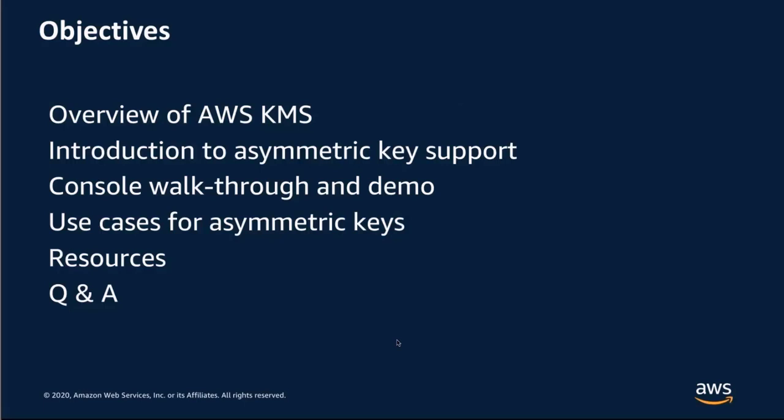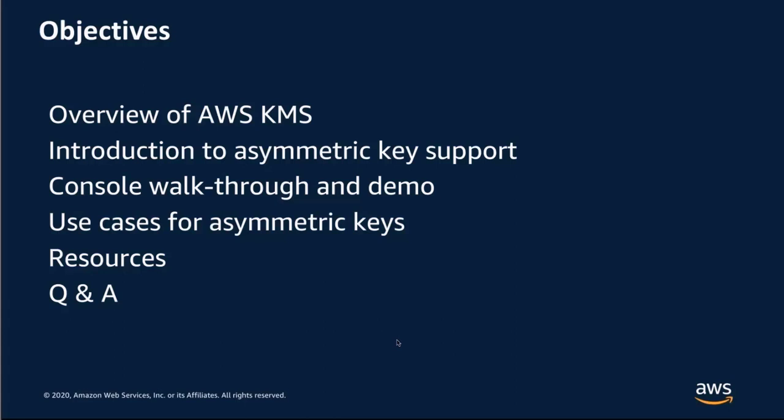For the next 45 minutes, here's what we'll do. I'll give you an overview of the AWS KMS service. Then I will talk to you about the new feature, the asymmetric key support that we launched in November of 2019. And then Peter is going to give you a walkthrough of the console of the changes that we made in the service, and also a demo of the CLI where you will be able to see the new APIs and their different responses.